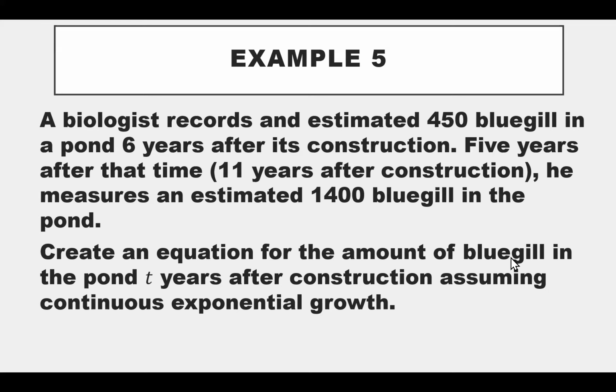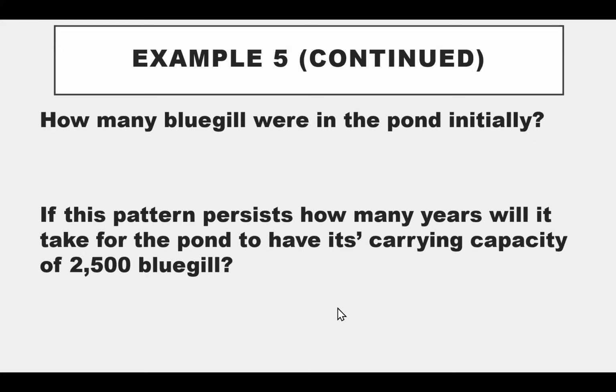Create an equation for the amount of bluegill in the pond T years after construction, assuming continuous exponential growth. And then find how many bluegill were in the pond initially. And if this pattern persists, how many years will it take for the pond to have its carrying capacity of 2,500 bluegill? In other words, how many years until it hits 2,500 bluegill?